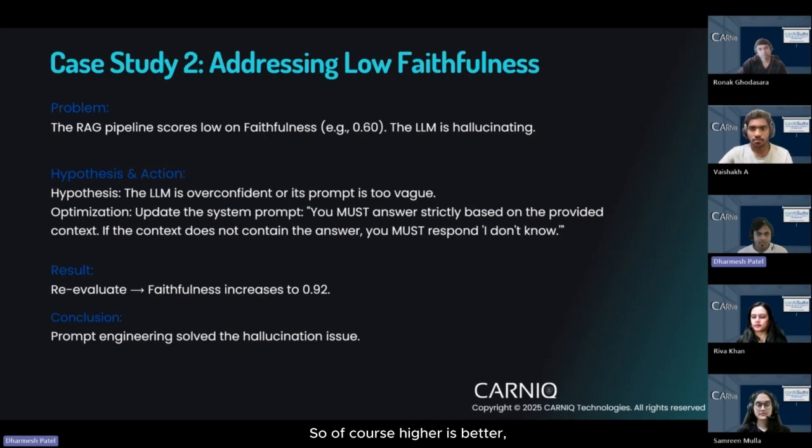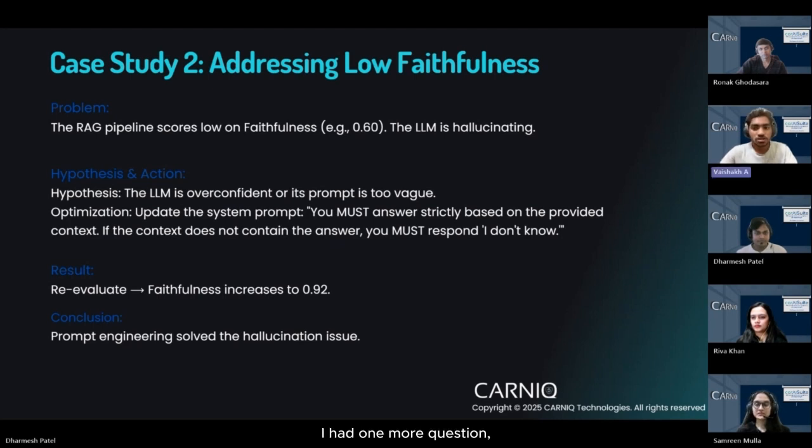Of course higher is better, but you have to baseline it somewhere. Let's say 0.8 is the good score for my application. This would be the baseline, and then you try to improve this score and reach the level you decided.